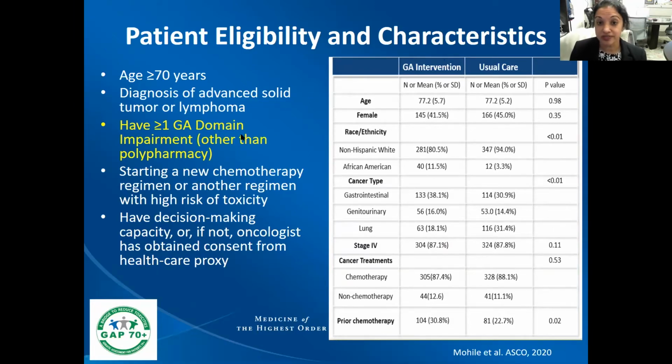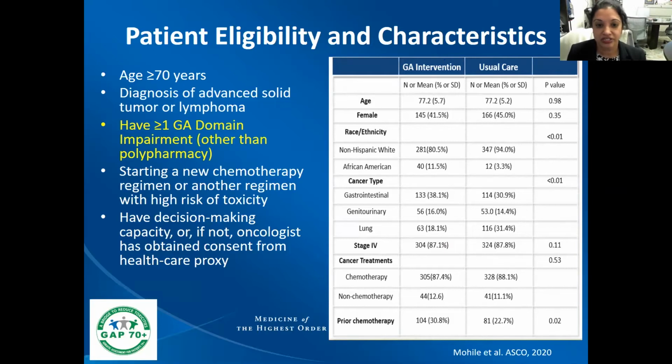This table shows the patient characteristics. The average age of the patients was 77, much higher than those patients that are enrolled onto therapeutic clinical trials, unless those trials are older patient specific. Fortunately, the majority of our patients were white, and we hope to do better with this in the future. The patients who were Black enrolled primarily onto the intervention arm, likely because of the way the practices were randomized, and we randomized 40 practices.